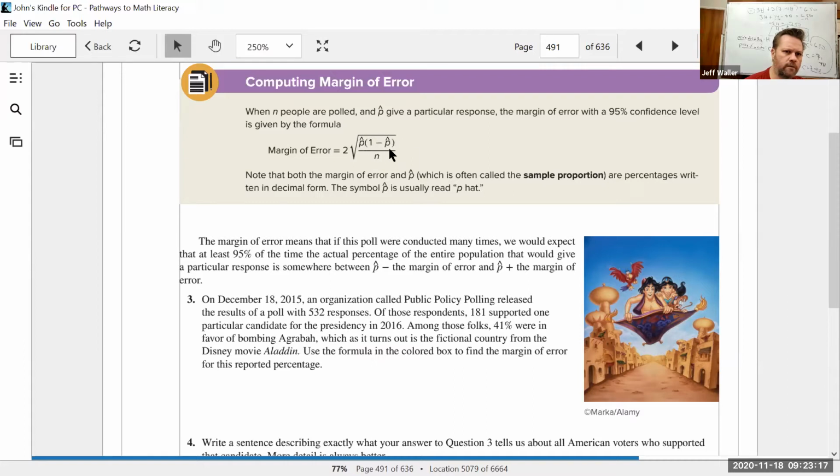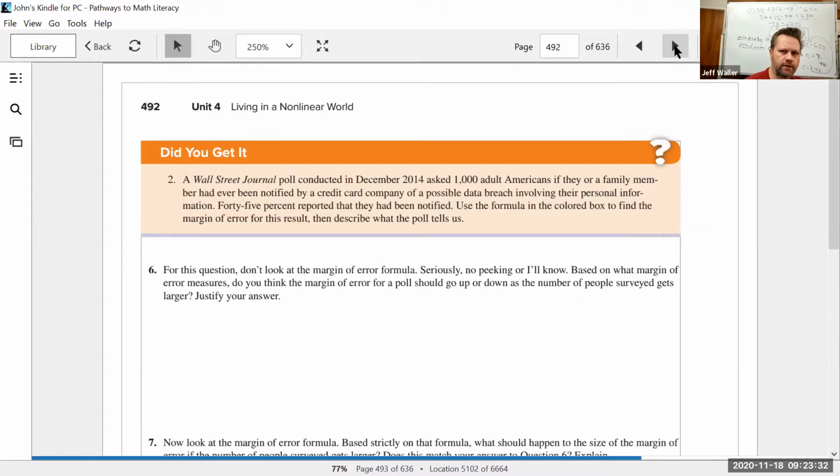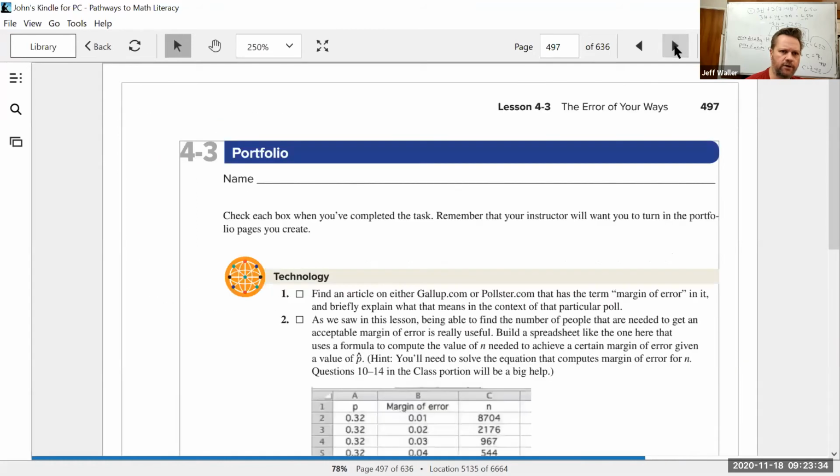Q hat, 1 subtract p hat. We call it q hat. And what does it mean when it's wearing a little hat? It means it came from a sample. The good old p hat.